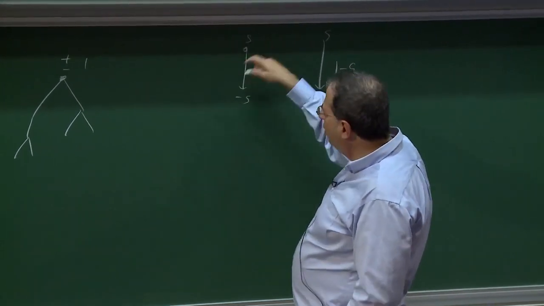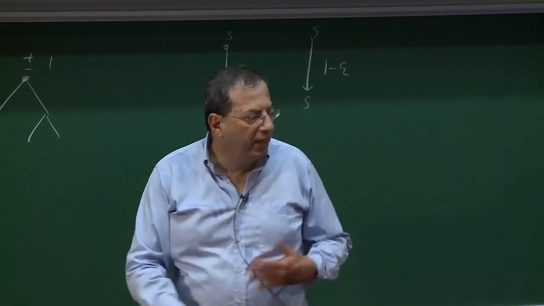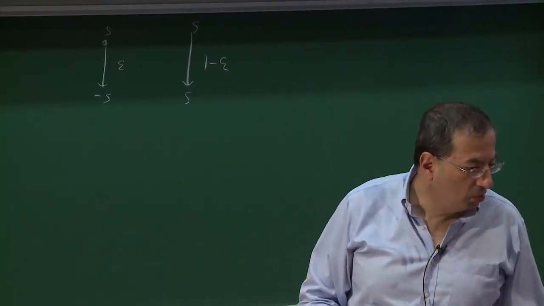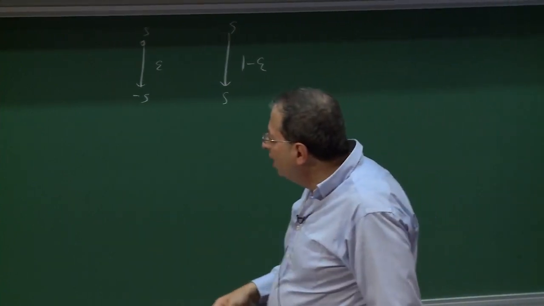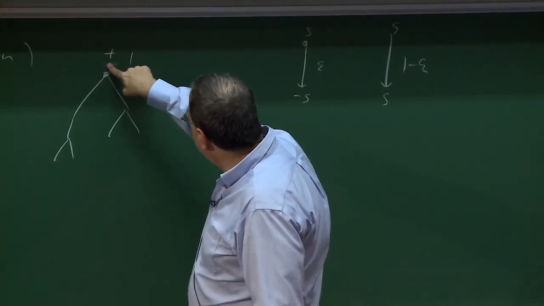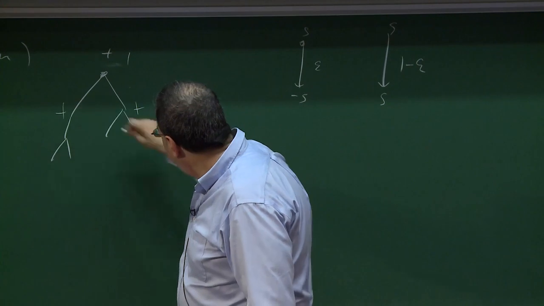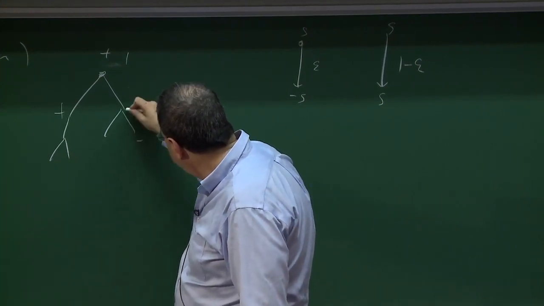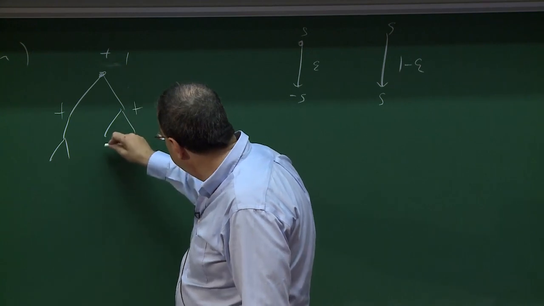So this is true along every edge. This is called the binary symmetric channel. With probability epsilon you flip, with probability 1 minus epsilon you don't flip. So let's say I started with a plus. So usually I have a plus, but occasionally with probability epsilon I have a flip.